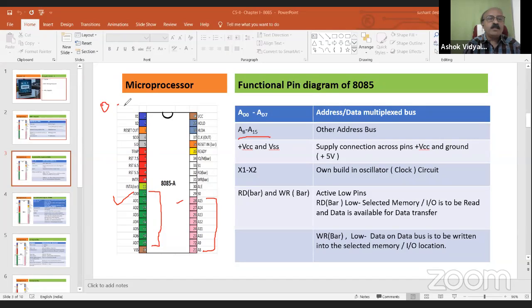How many numbers are there between 0 and 15? If you count it, it will be a total of 16. Are you getting this? Therefore, to carry the 16-bit memory address, this address bus is used with AD0 to AD7 and A8 to A15.